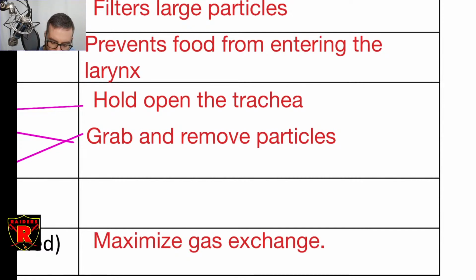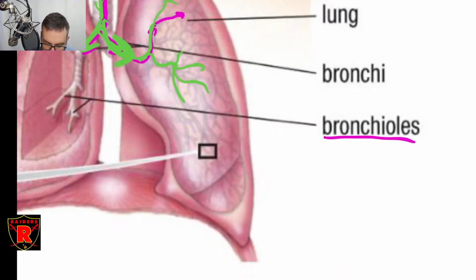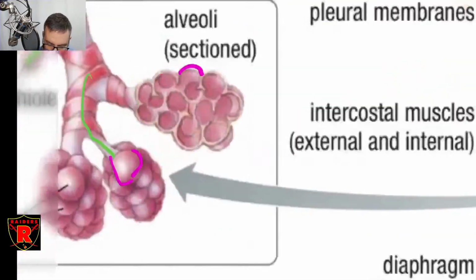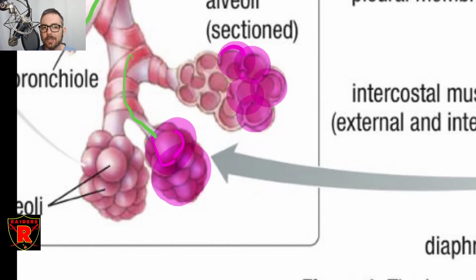Now, once you get all the way down into the alveoli, we're talking about the end of the line, the tiny little sacs at the end of the line. At that point, there is no ciliated epithelium all the way at the very bottom. So once particles get right down there to the very end, they are quite difficult to remove. They're not impossible to remove, but the alveoli are not ciliated.